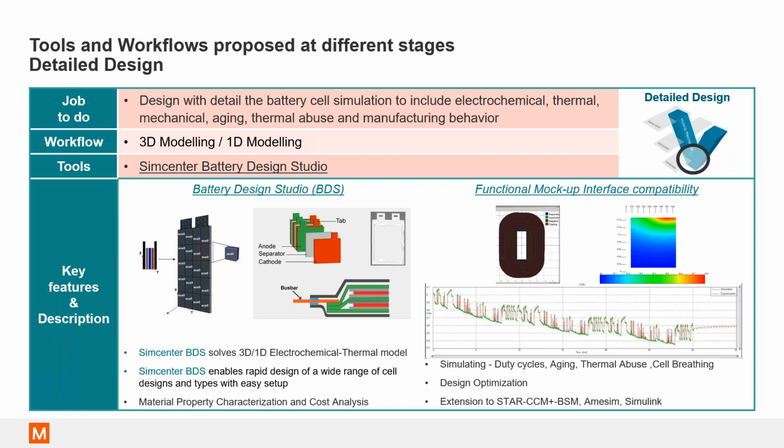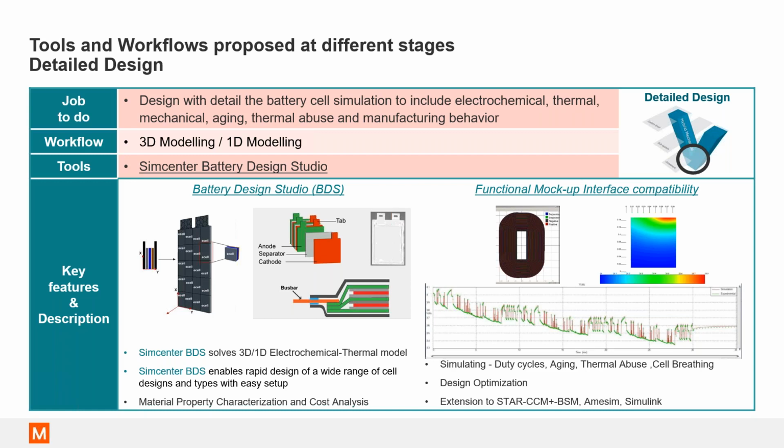This RCR model, if you account for varying temperatures and varying C rates, would essentially capture the cell behavior for the entire drive cycle. And this file that we create can be imported into AimSim to get a more realistic model.